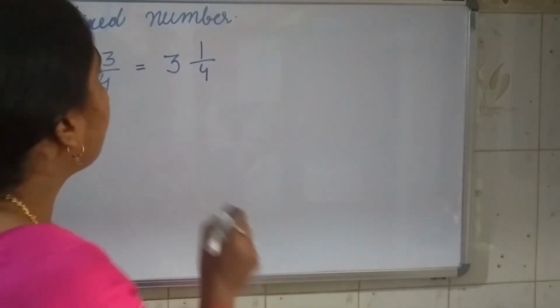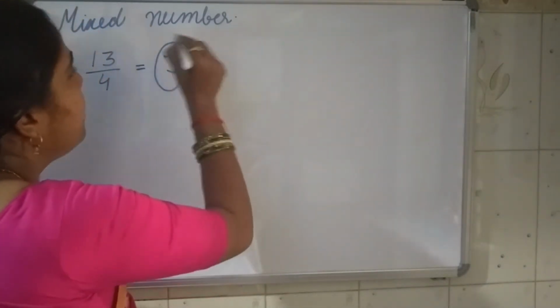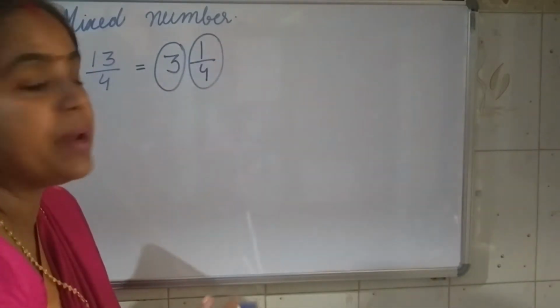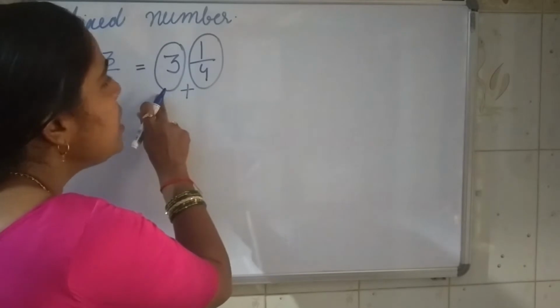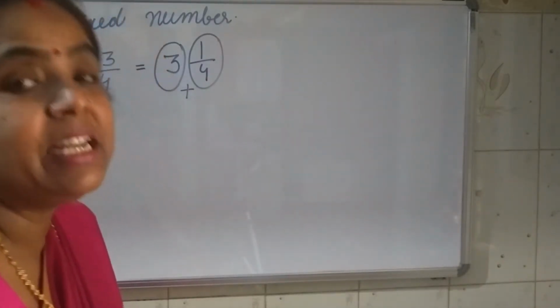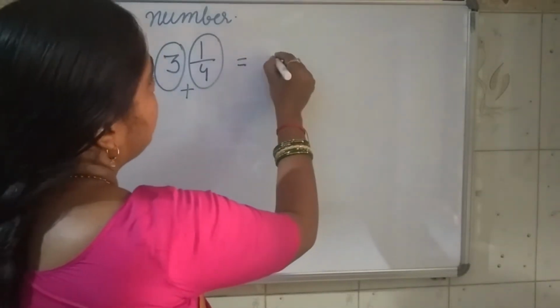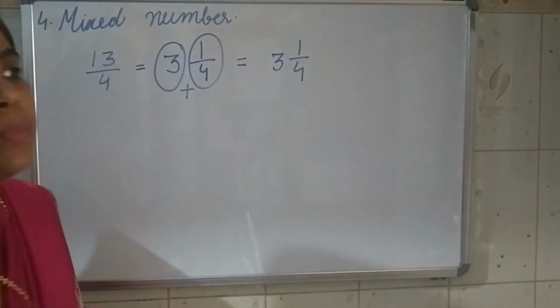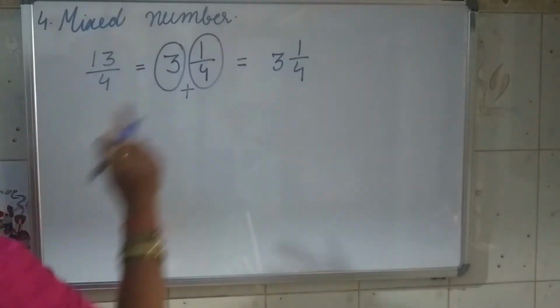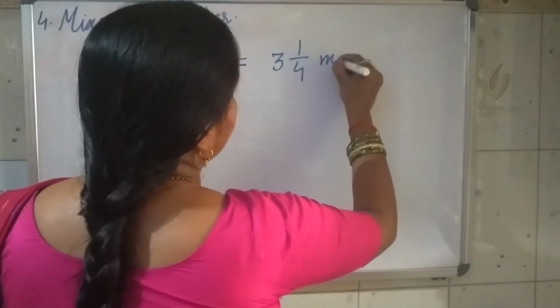Now what is this? This is a whole number and this is a fractional number, a proper fraction. So this combination of whole number and proper fraction is called a mixed number. So we will call it 3 whole 1 by 4. Clear to you? Now 3 whole 1 by 4 is a mixed number.